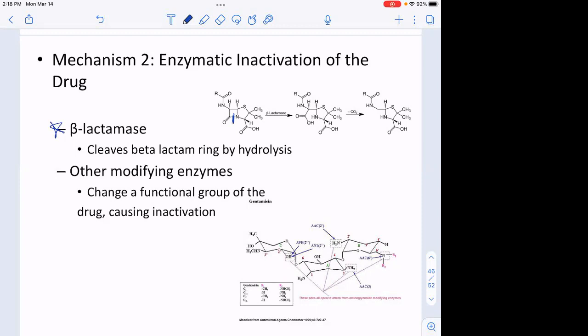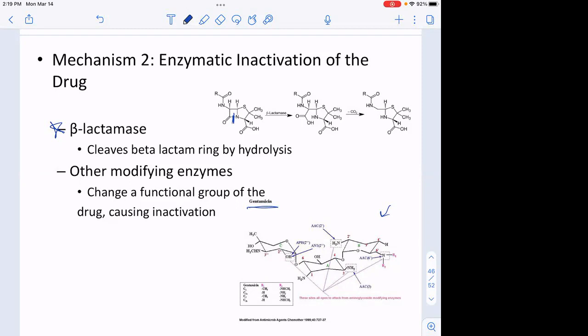I searched through the literature to find another example of a modifying enzyme that bacteria could make. I found one, I don't remember what kind of bacteria it was, where the bacteria could alter the functional groups of a drug. Here's a drug, gentamicin. You can see by the structure this is an aminoglycoside. The bacteria could alter the functional groups a little bit.